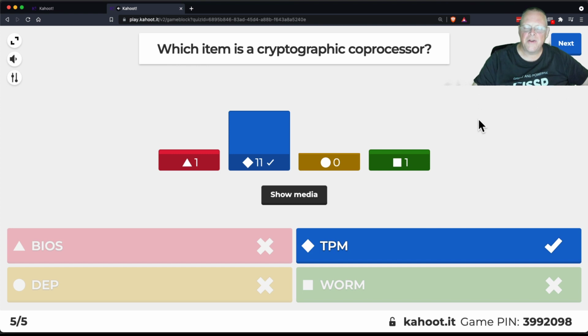That's it, the Trusted Platform Module. A lot of people are getting bent out of shape because Windows 11 requires the new TPM 2. Anyway.